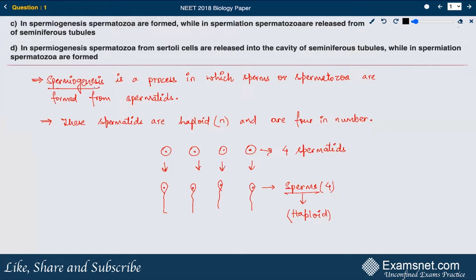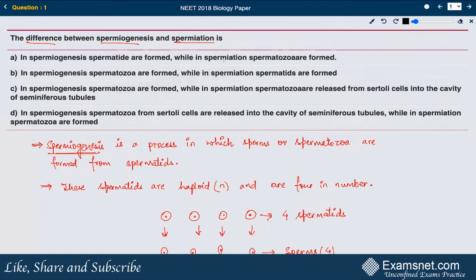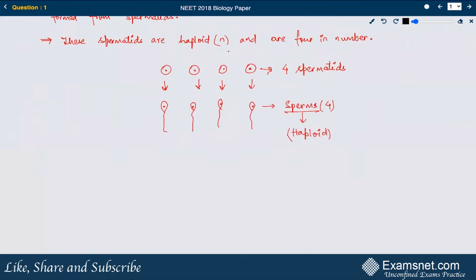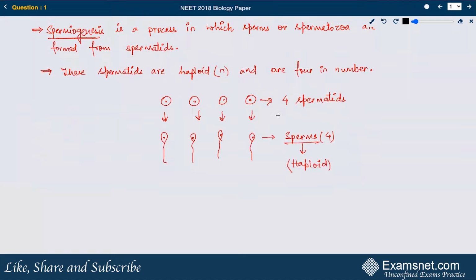Now the next terminology that has been given over here is spermiation. Once these spermatids are transformed into sperms, that means once the sperms are formed, they actually require nourishment. And the nourishment is provided by the Sertoli cells, which are found in the vicinity of the section of the seminiferous tubules.